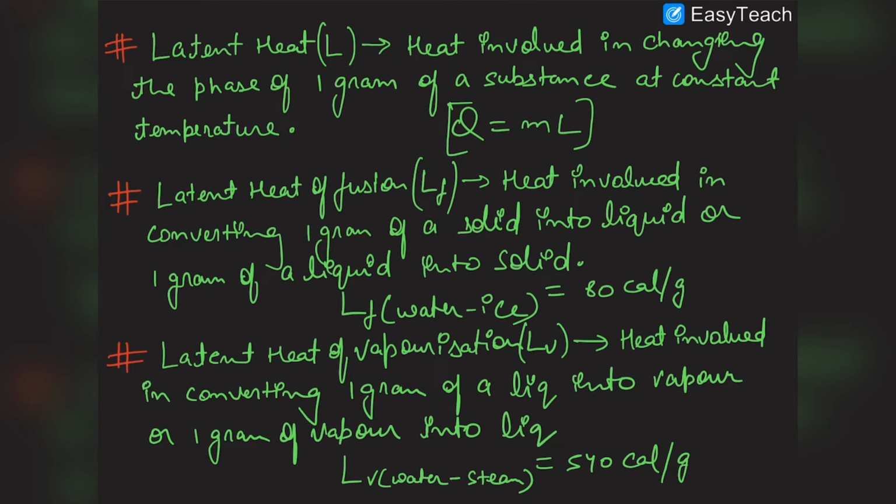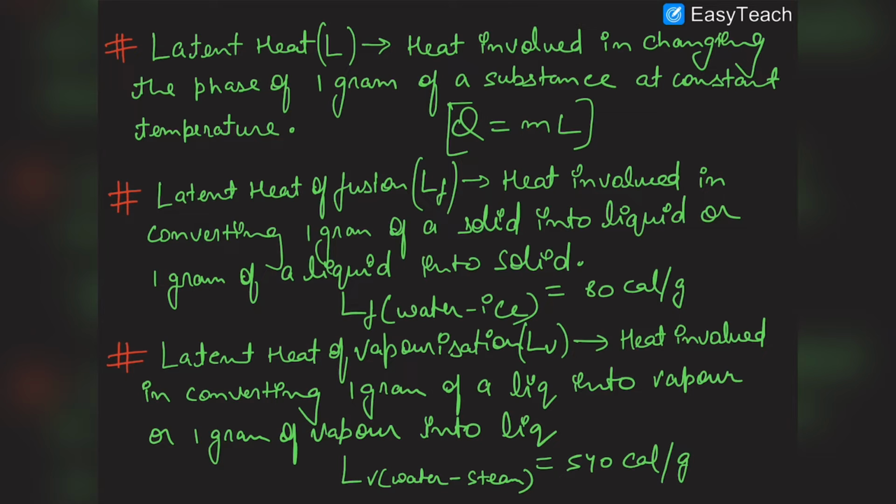Now let us talk about the latent heat. We have already discussed that the heat given to any substance is utilized in two ways. The first one is to increase the temperature and hence to increase the kinetic energy of the substance, and the other one is to change the phase of that substance, or we can say doing work against intermolecular forces.